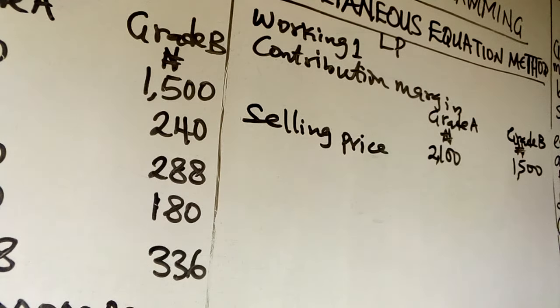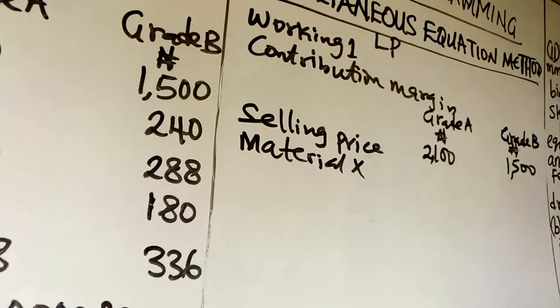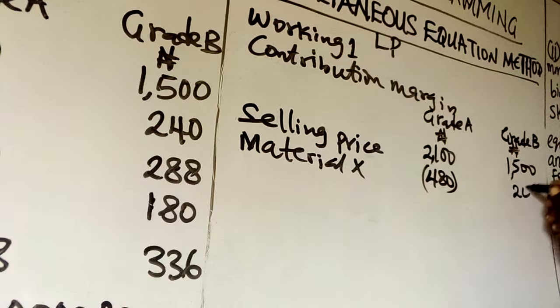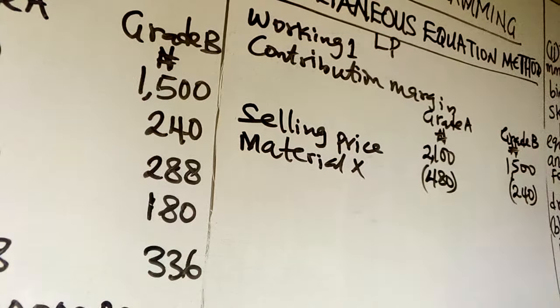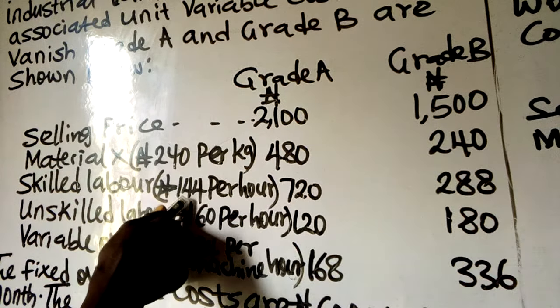Then we want to less the variable cost. The variable cost includes material X, which is 240 naira per kg, and the cost is 480 and 240 for grade A and B respectively. Then we also have skilled labor, which is 144 naira per hour.